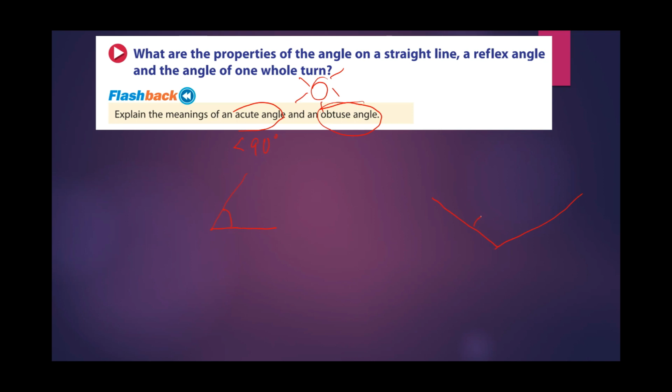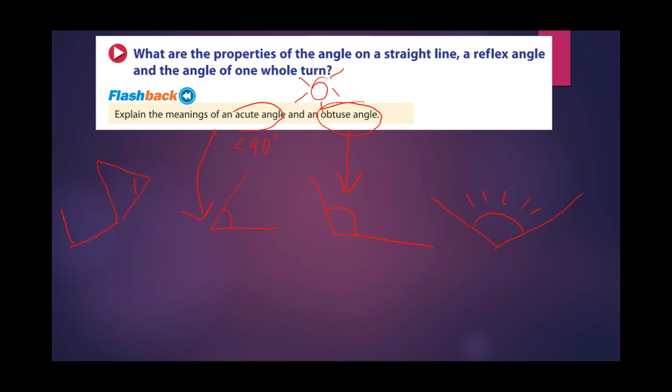You will have an angle like this, which is greater than 90 degrees. So this is an obtuse angle. This one is an acute angle. It looks like a very cute short pencil. So the angle is less than 90 degrees.